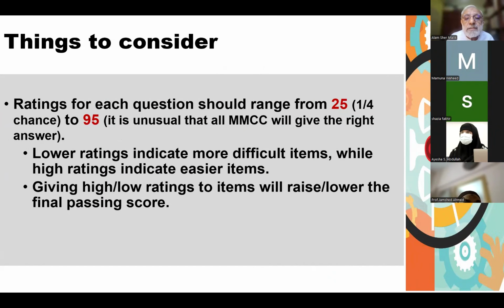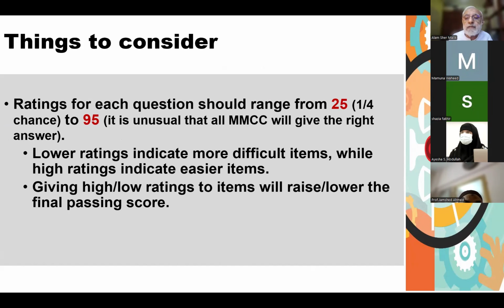Ratings for each question should range from 25 to 95. 25 is because if there are 4 options, there's a 25% chance of getting the right answer. So that's how they figure.